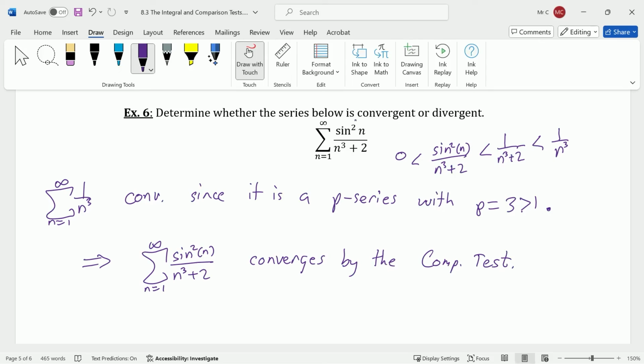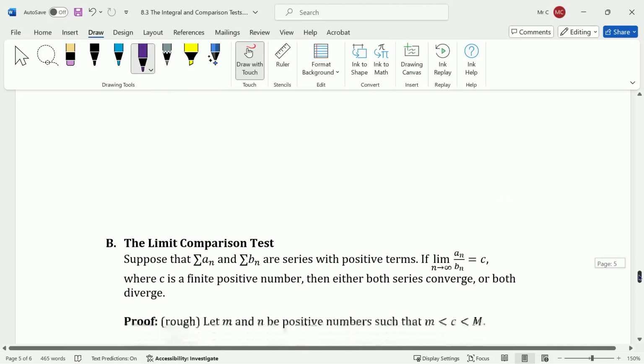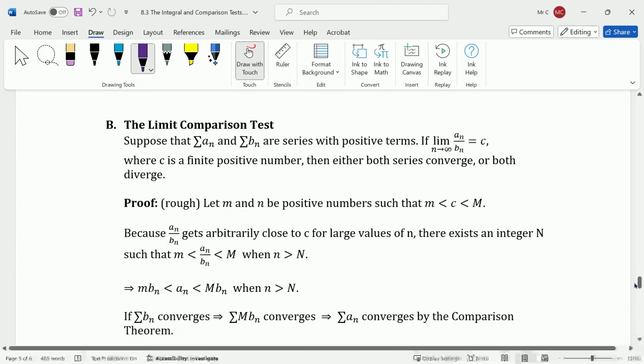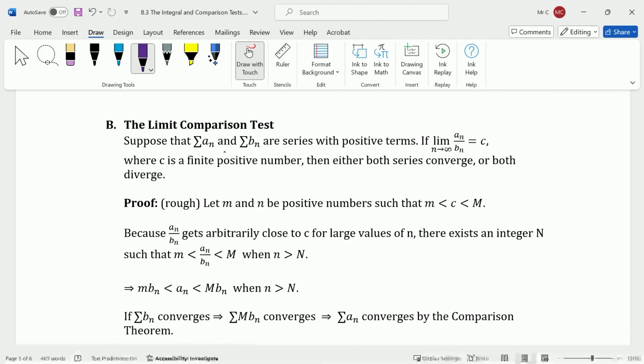So how do we deal with cases where we think we're making the right comparison, but the inequality goes the wrong way? And for that, we deal with the limit comparison test. So the limit comparison test says, suppose that the sums of a sub n and the sums of b sub n are a series with positive terms.